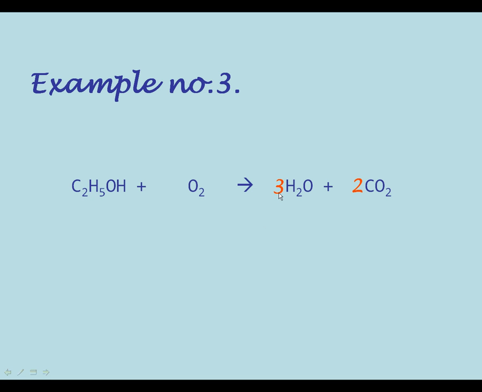So there were 3 and 4 oxygens, so 2 lots of 2, so that's 7 oxygens on the right. We won't count that oxygen, we'll leave that aside. But there are 3 here in total, so we need a total of 7. So if we put a 3 in front of this oxygen, that gives us 6 oxygens there, plus that oxygen in ethanol, which gives us a total of 7. And so by leaving the oxygen till last, it's a lot easier to balance that equation.